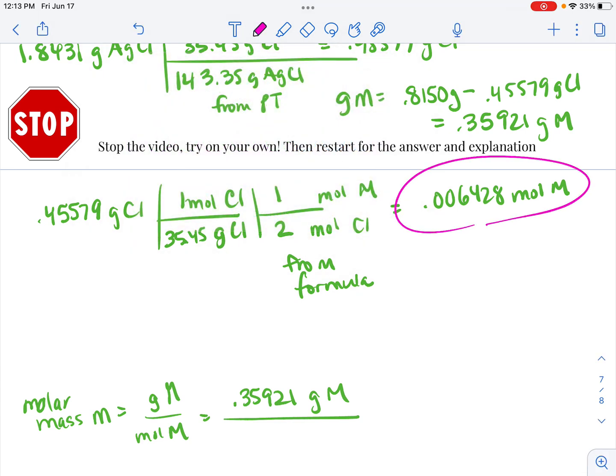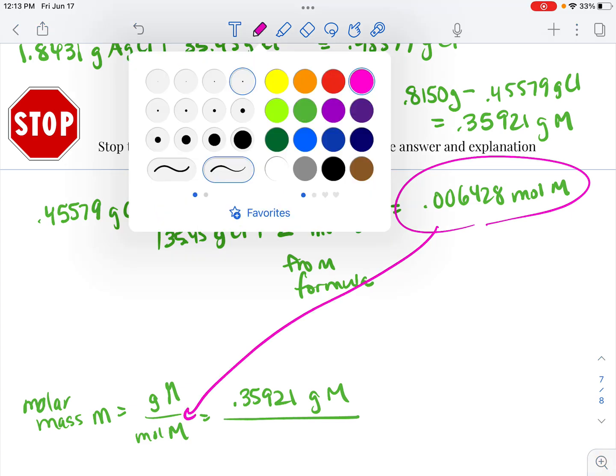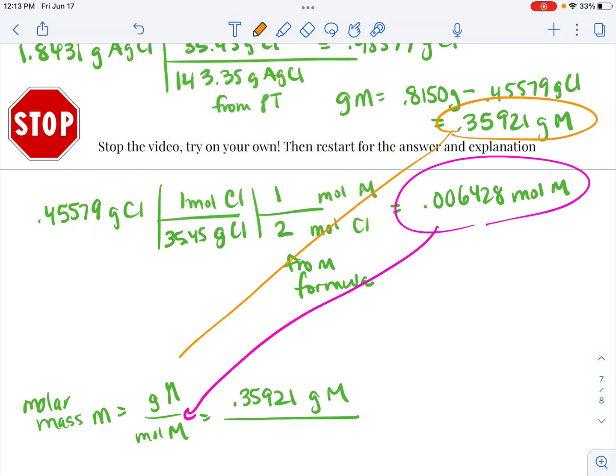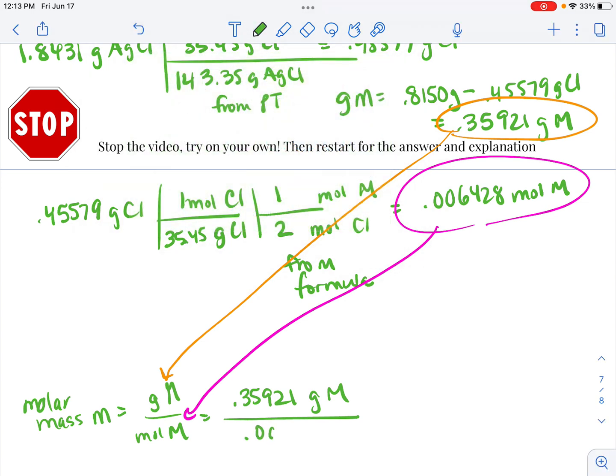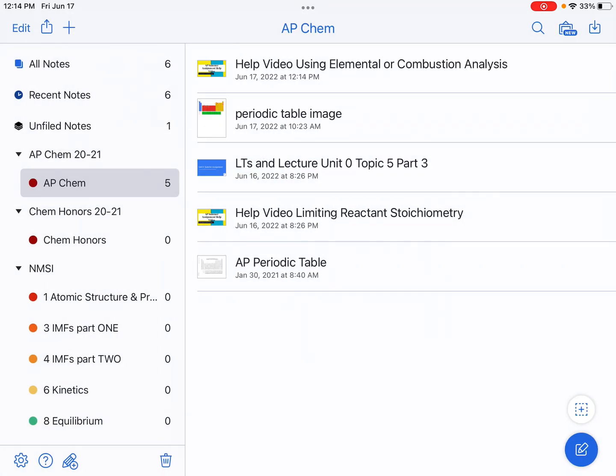And that number, so now let's look at what we've done here. This number can come down here, whereas this number of grams came in here. Okay, so now I can put this in, 0.006428 moles of M. I'm going to get grams per mole. It comes out to 55.88 grams per mole as the molar mass of M. I'm going to go find a periodic table.